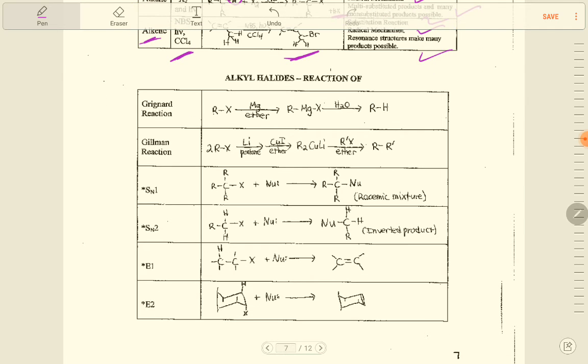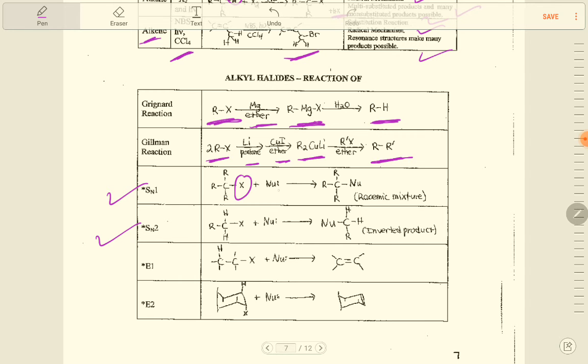Grignard reactions, alkyl halide Grignard reaction, RX in the presence of Mg and ether, you can make RMgX, and in the presence of H2O you can create RH. Gilman reaction, so you can see 2 RX in the presence of Li and CuI, you can prepare R2CuLi, and with R-X you can get R-R. Now the SN1, SN2 mechanisms that we learned in organic chemistry 1, but again it's a nucleophilic substitution reaction.